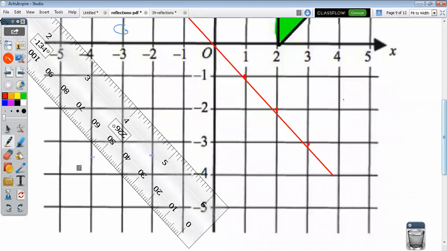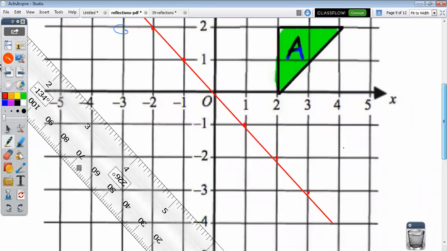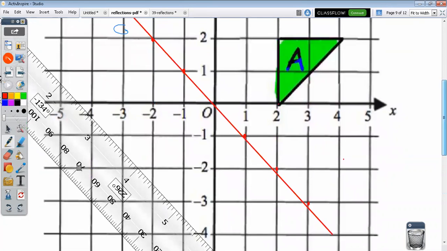The first point here, which is 2, 0, where will that point be according to this shape? It would be on 0, minus 2. 0, minus 2, this point here. Yes, sir.